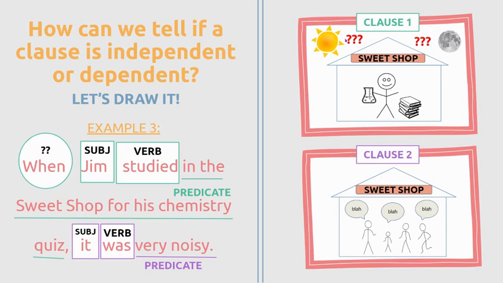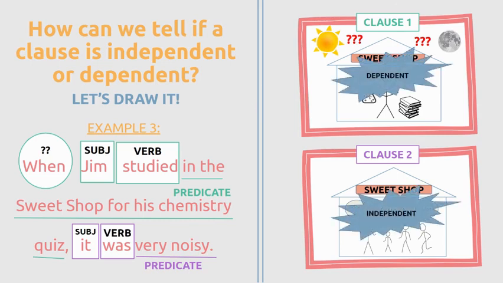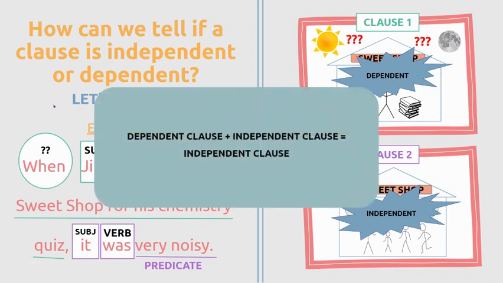Up here, we have our dependent clause, with these question marks. We don't know how to finish that picture. So we have a dependent clause and we have an independent clause. However, that doesn't tell us about this entire thing as a whole. So what you always need to remember is that a dependent clause plus an independent clause makes an independent clause.